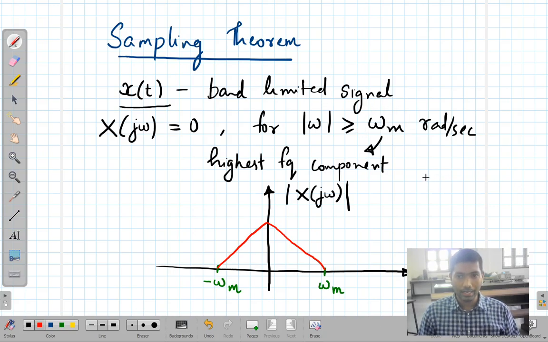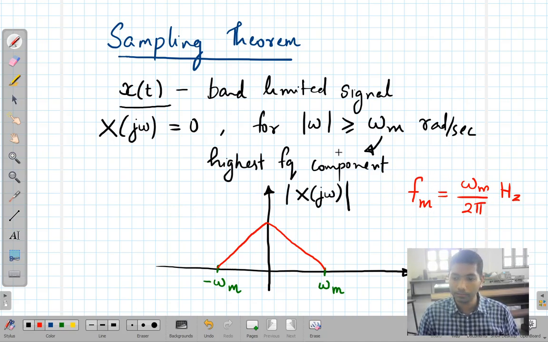Just to recap, omega m is in radians per second. In hertz we have fm, so the highest frequency component in hertz is equal to omega m divided by 2 pi. So fm is the highest frequency component of the given band limited signal.